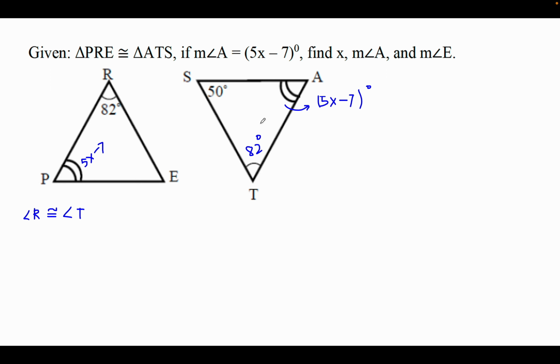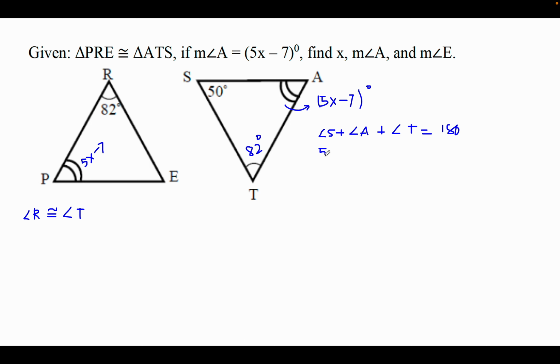Again, from the idea that the three interior angles of a triangle, when added, will always be equal to 180 degrees. So, therefore, we have angle S plus angle A plus angle T is equal to 180 degrees. And then, substituting the values we have, angle S is 50 degrees.